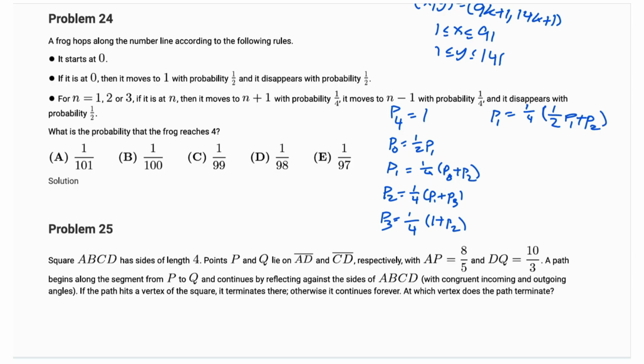And then we can solve for P2. So we can multiply both sides by 8. So 8P1 is equal to P1 plus 2P2. And so P2 is equal to 7 over 2 P1.